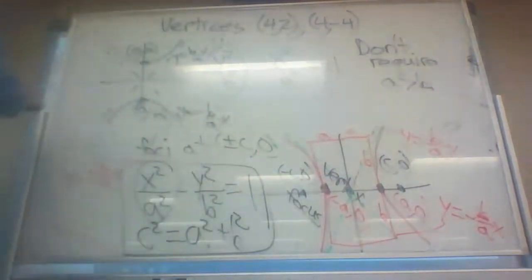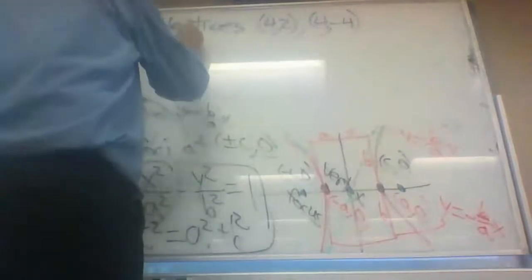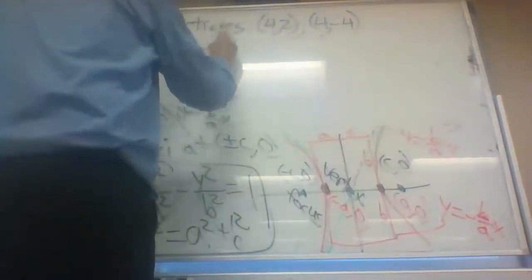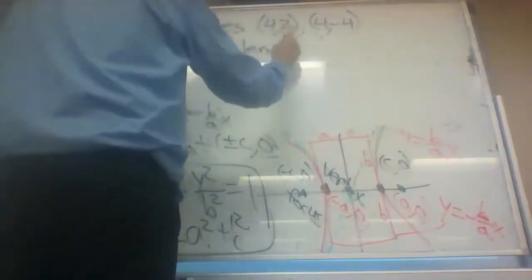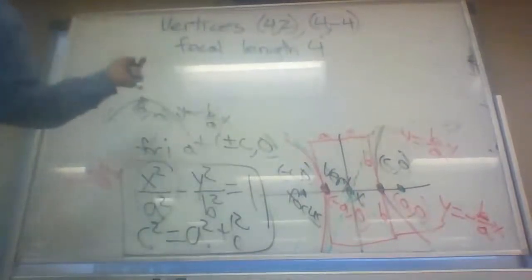Again, the vertices are these points here on the hyperbola closest to the center. Maybe you want to write that in there. It's the vertex, and this is a focus over here at plus or minus c. All right. And besides that, the focal length is 4. What is the hyperbola equation? And what are the asymptotes?